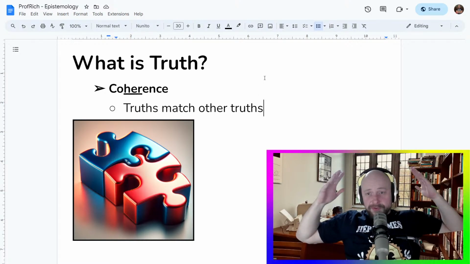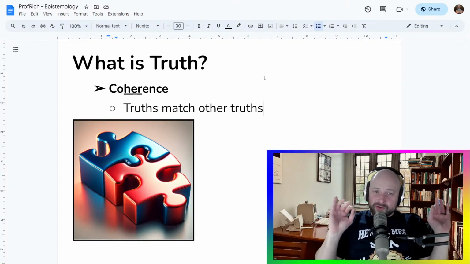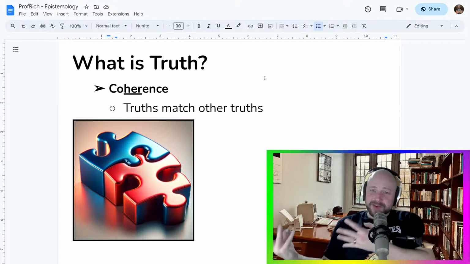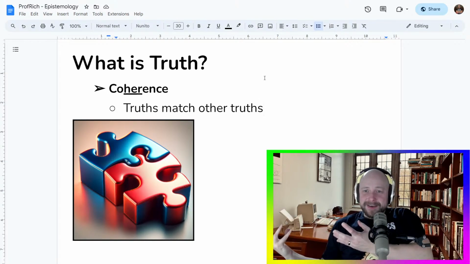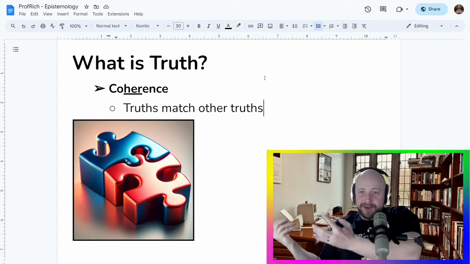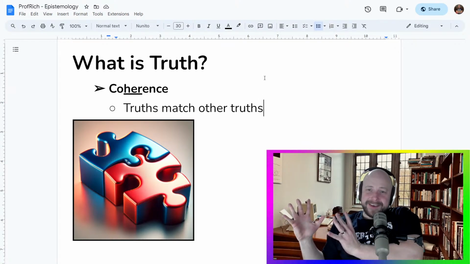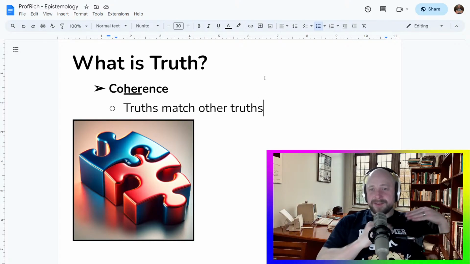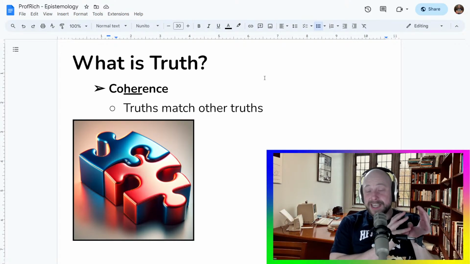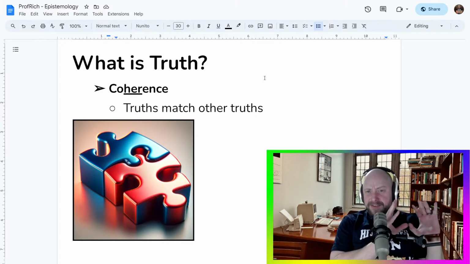So the truth theory of coherence basically is that truths match other truths. So we have some truths already, right? We know that all triangles have 3 sides. We know that, right? So when I see something with 5 sides, a new thing, what is this thing with 5 sides?